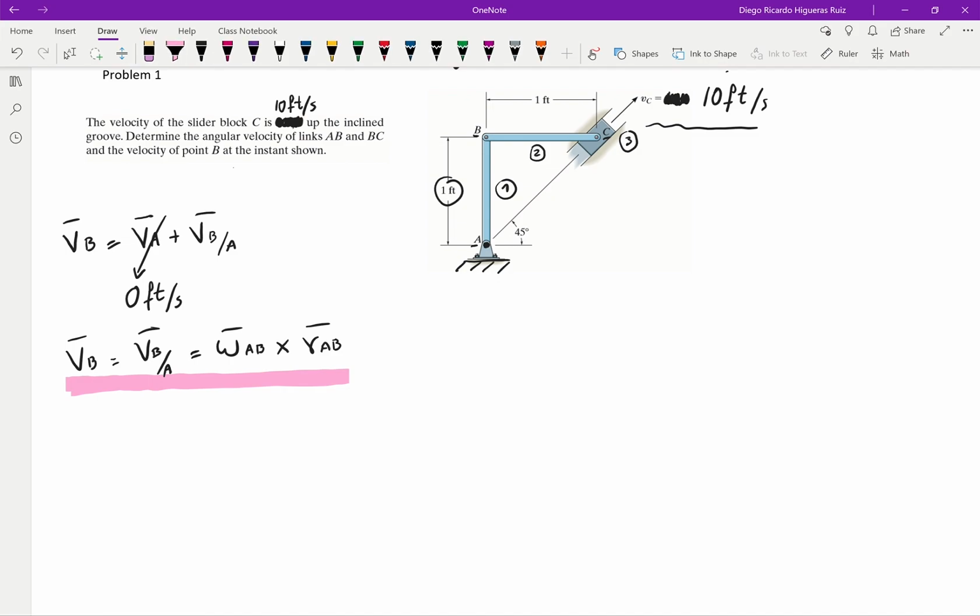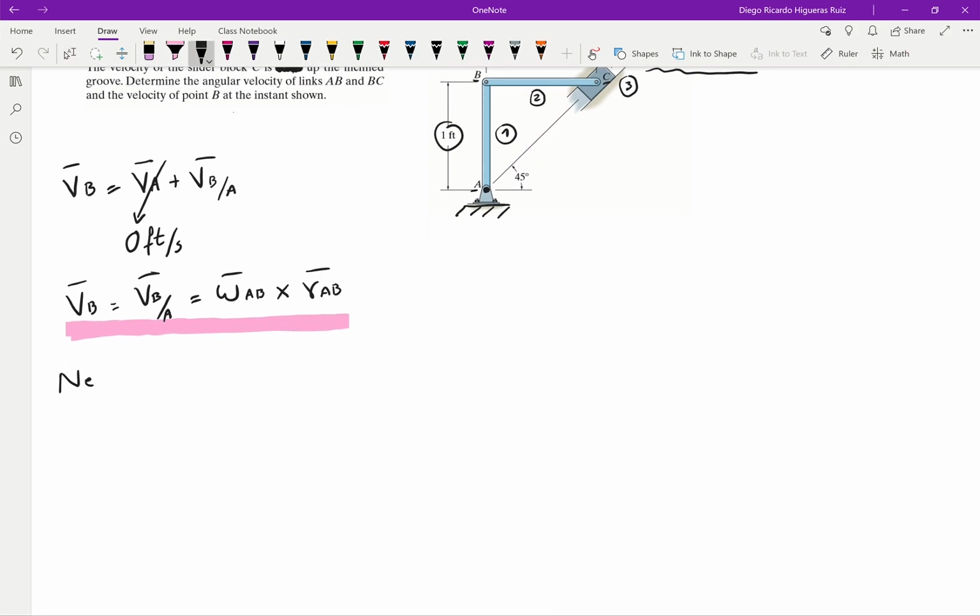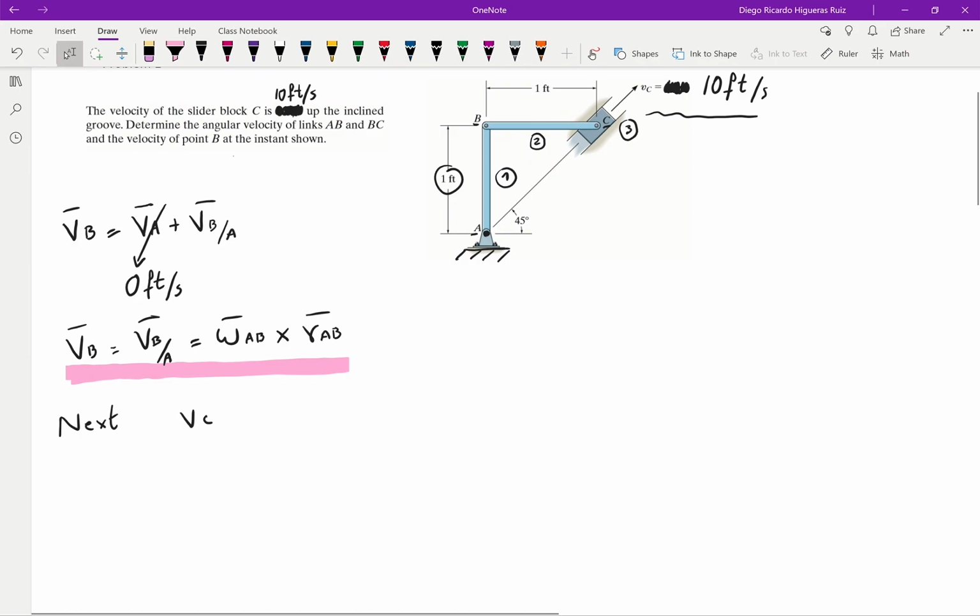So what we're going to do next is write a new equation. I'm going to write the equations of relative motion for point B, but now with respect to point C. So I'm going to calculate the velocity of B with respect to point C, and this is my equation.